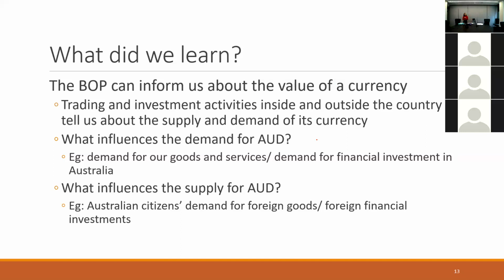Okay, so where were we? We were talking about a central bank, the Australian Central Bank, and if they want to buy the USD to hold as the reserve, what do we think will happen to the supply and demand of the Australian dollars? So when the RBA goes out to buy USD to hold as the reserve, what would happen to the demand or supply of the Australian dollars?